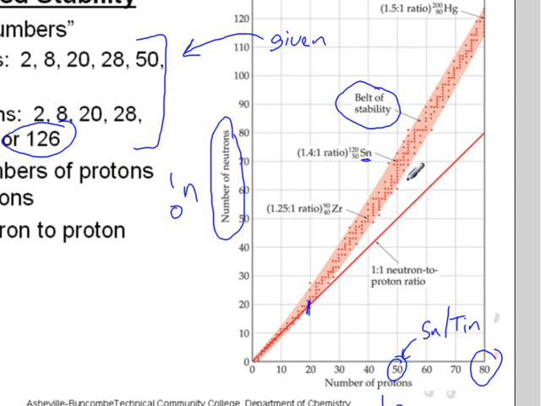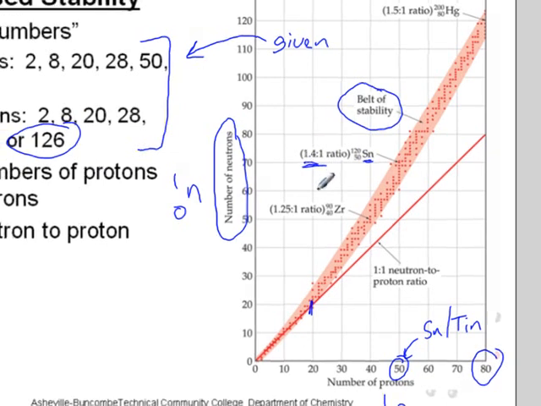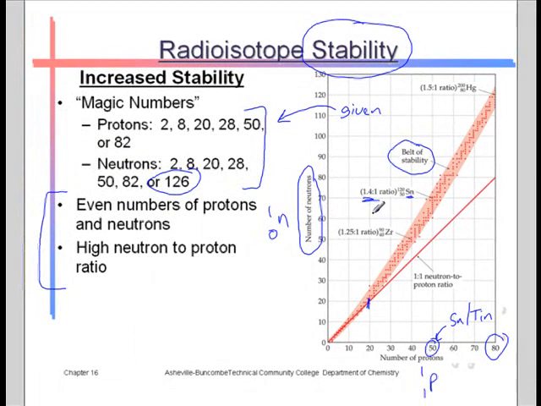There's Sn right there, and there are quite a few isotopes for tin. Whether it's synthetic or a naturally occurring radioisotope doesn't really matter at this point. We treat them all the same in our analysis here. And as it turns out, for tin, if the ratio between the neutrons and protons is 1.4 to 1, then it tends to be a fairly stable isotope.